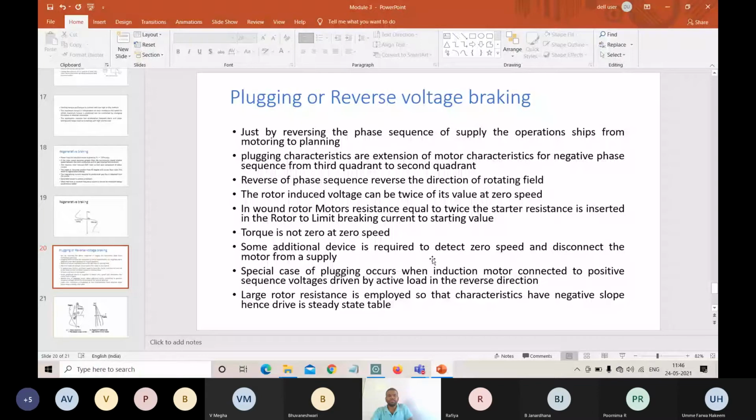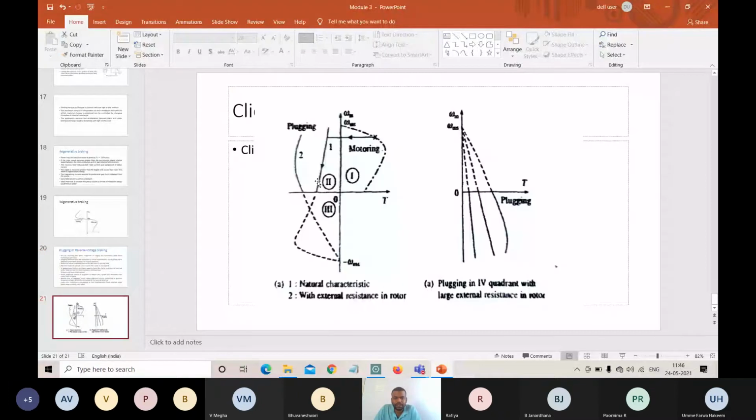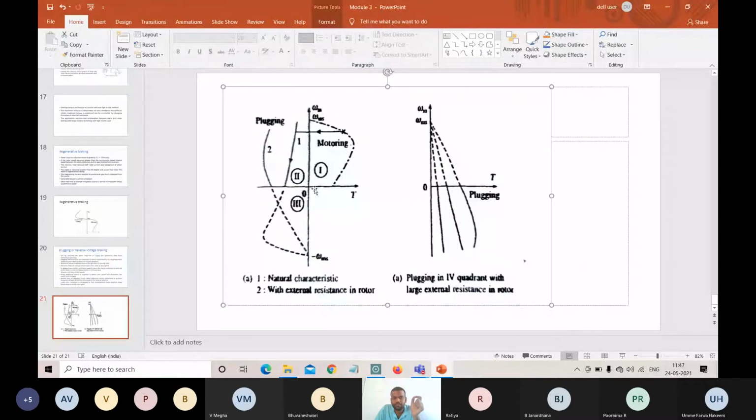You can observe this in these characteristics. So what I told is, at 0 speed the torque should not be 0. At 0 speed the torque is not 0 here; it has some value.